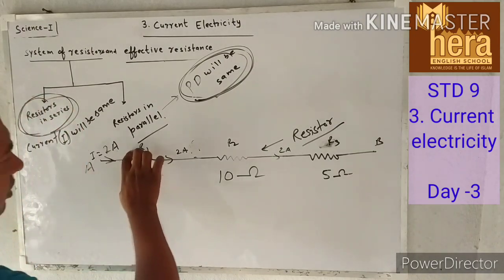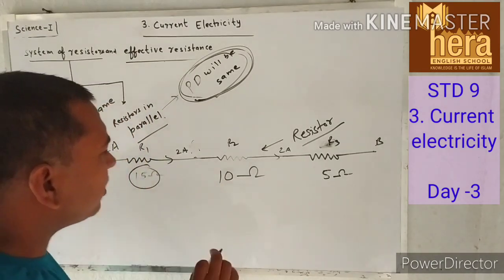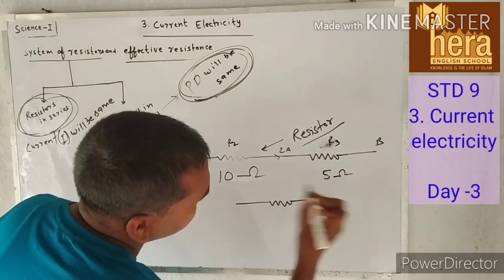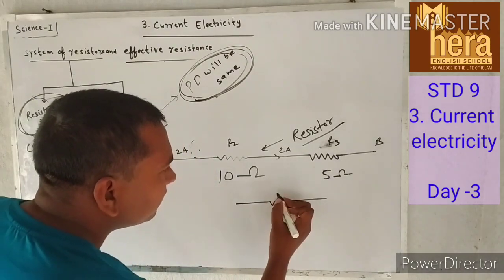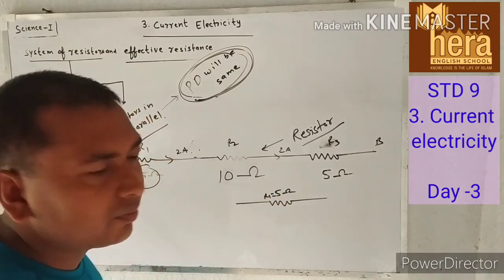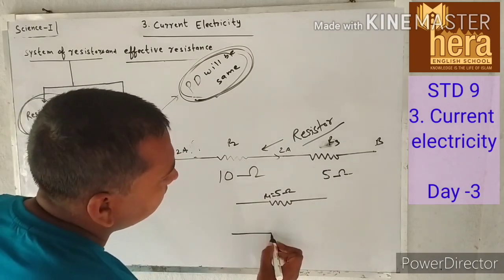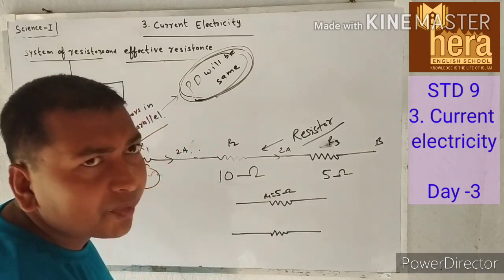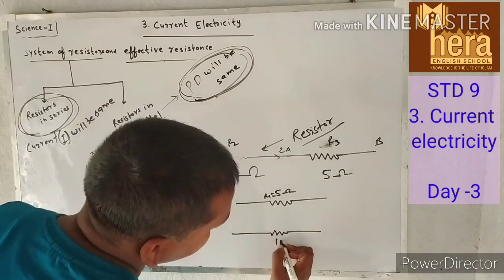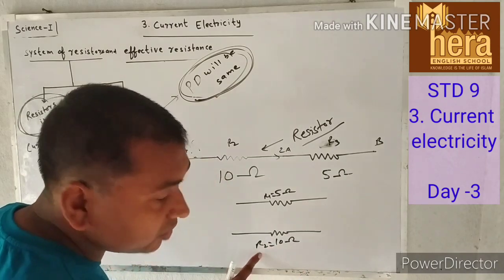This is the combination of resistors connected in series. If there are 2 resistors, say this is R1 equal to 5 ohm, and this is R2 equal to 10 ohm.